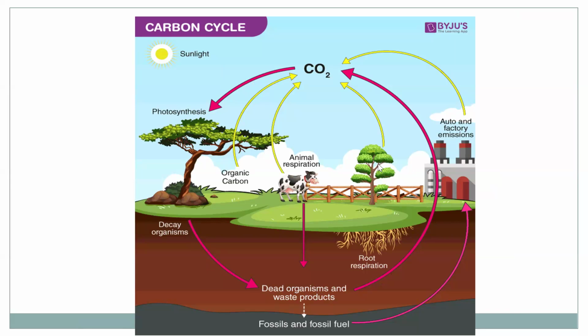Factory emissions. Then trees emit carbon dioxide at night. Animal respiration. So you can see a lot of arrows going to carbon dioxide. Only one arrow is coming out of carbon dioxide. That is trees. So by growing trees, we can maintain the health of the planet.